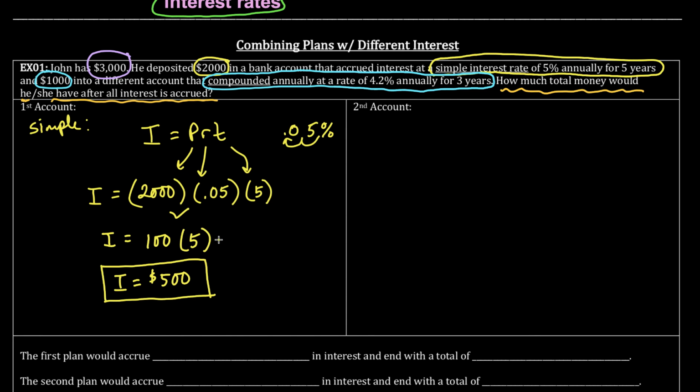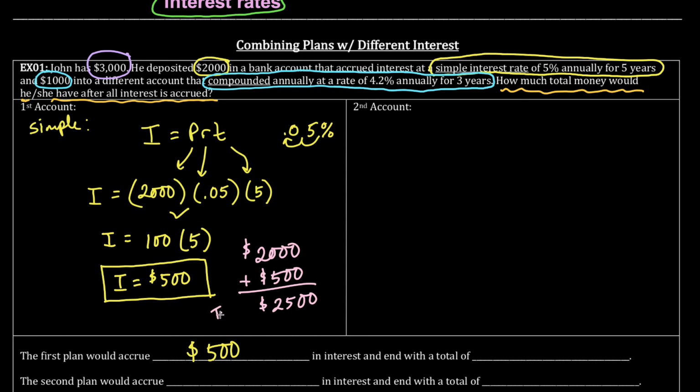That's fine with me. So the thing is, though, that this is the interest. So the first plan would accrue $500 in interest and end with a total of, okay, so this one started with 2,000. The original 2,000 plus the interest of 500 gives you a total that John owes.